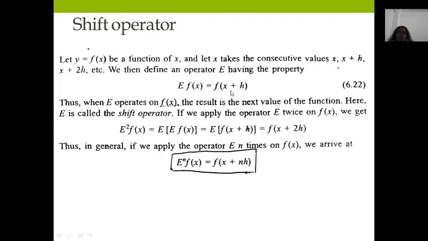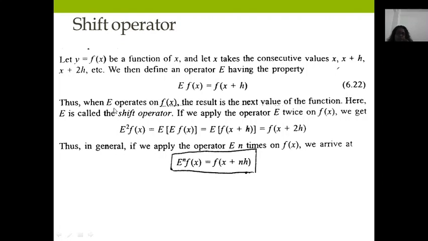Very simple; the word itself gives you the idea. When the shift operator E operates on the function f of x, the result is the next value of the function, since the next value of x is x plus h. It shifts one step ahead.